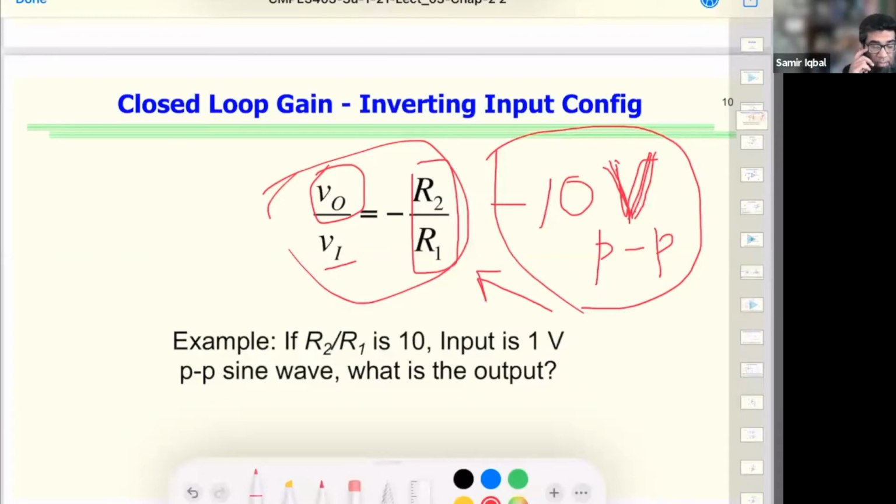So what we have done is we have now taken the gain in our control, and we can precisely define the gain. Another interesting thing is that the values of R1 and R2 are not important, but their ratio is important. So you can have cheap, very low value resistors and still acquire the gain.